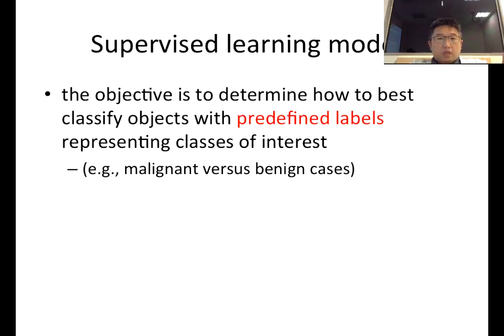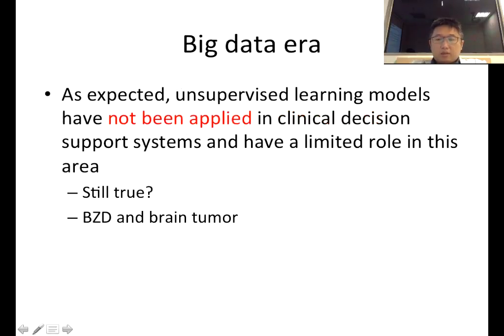Then here you know how to define the different objects. So you use the supervised learning method to learn how to use the statistical method to classify the model. Compared to the supervised learning model, there is the unsupervised.